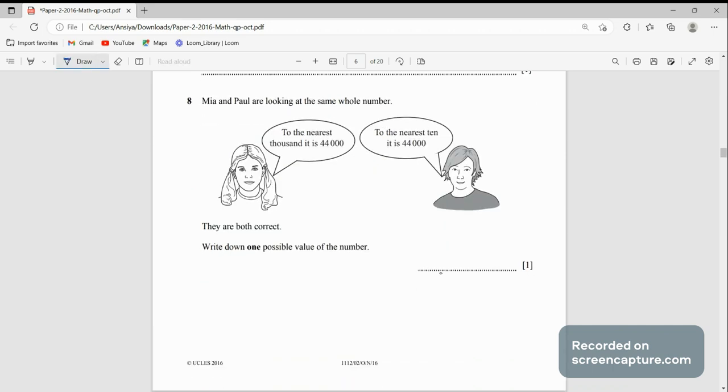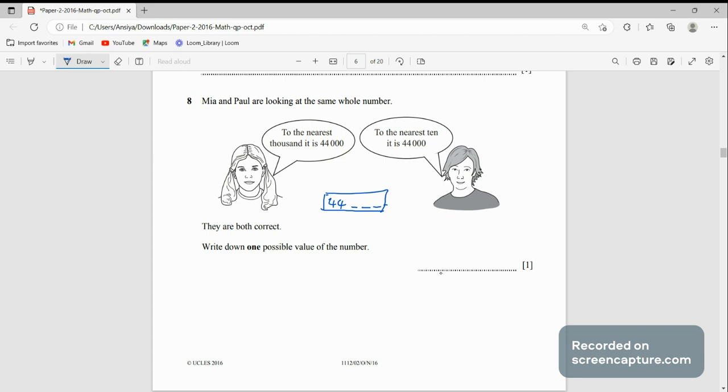Next question. Mia and Paul are looking at the same whole number. Suppose they are seeing a number in this box. By looking at that, Mia says that to the nearest thousand it is 44,000. So it is 44 and some numbers here. She rounded it and said it is 44,000.